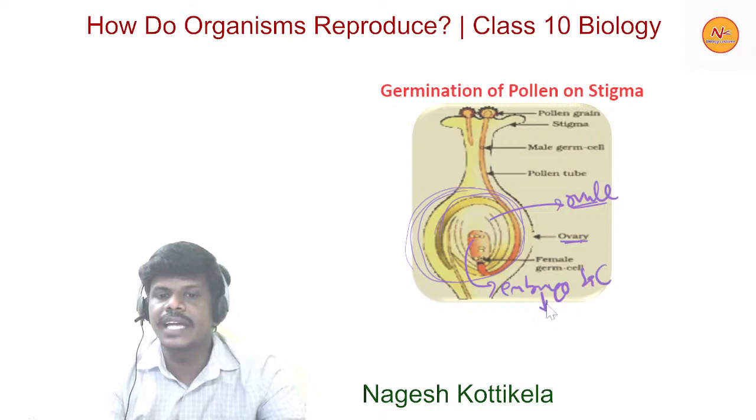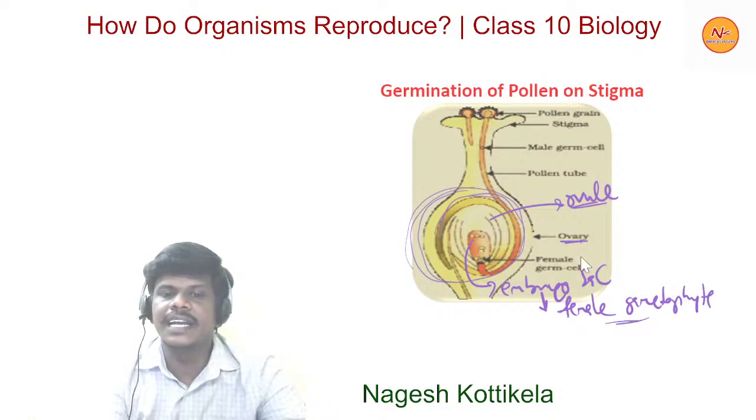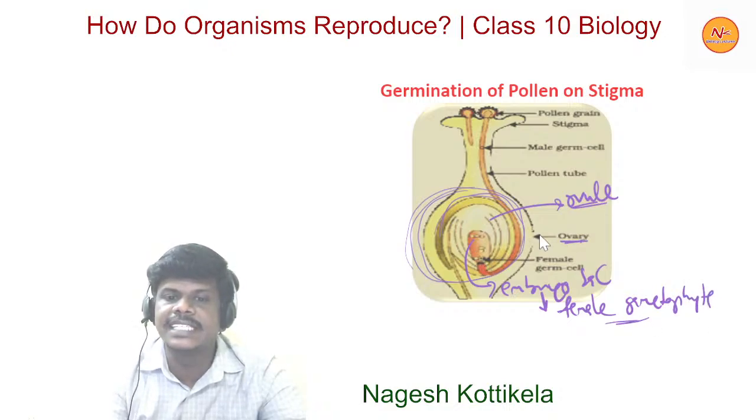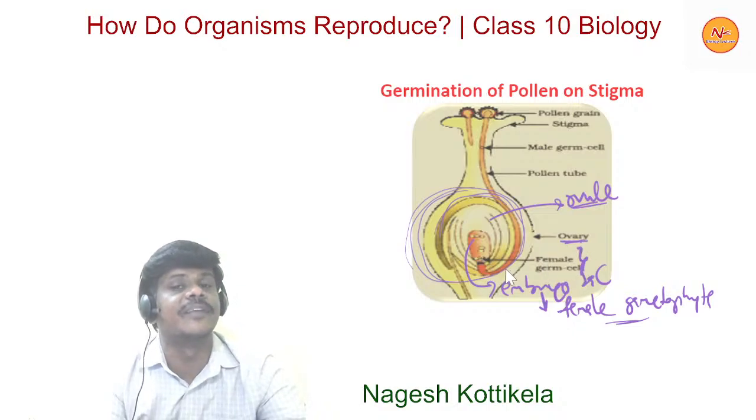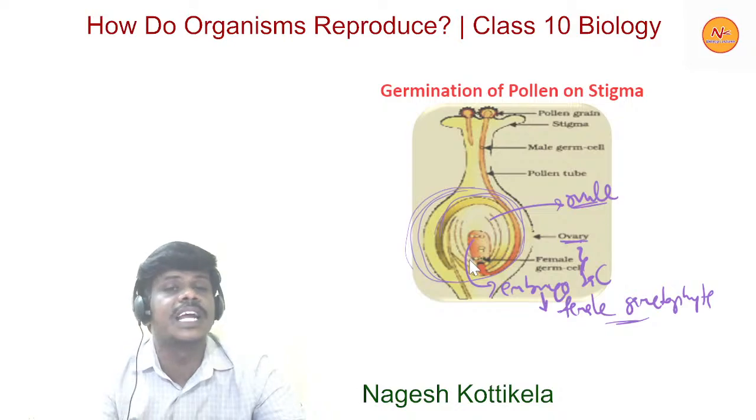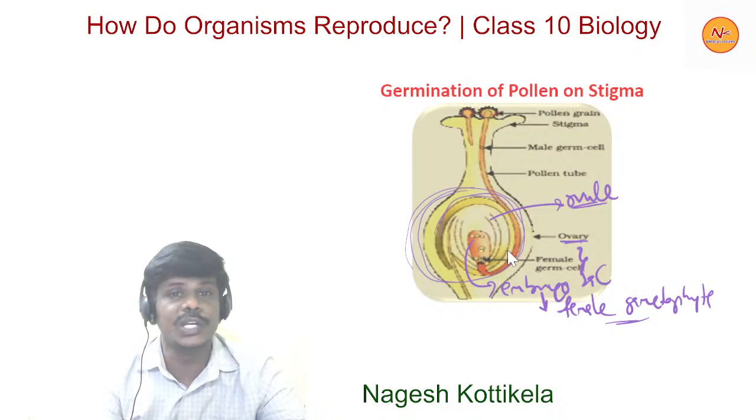This embryo sac is the female gametophyte, and inside this embryo sac we find the egg cell, the female germ cell. So inside the female gametophyte, the female germ cell is present.